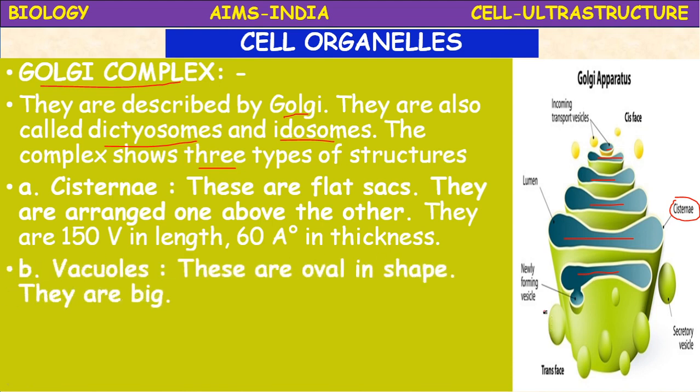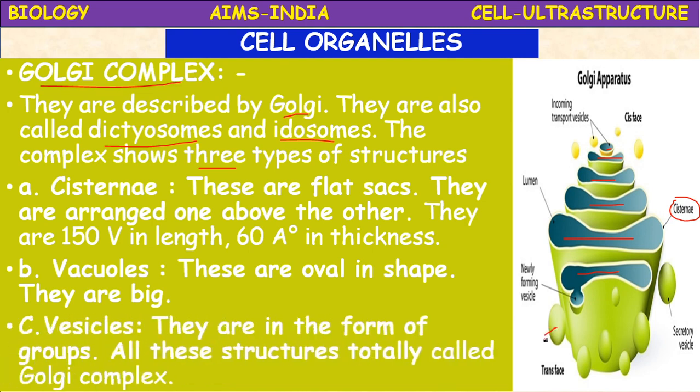Next structure, vacuoles. These are the secretory vesicles or vacuoles. They are oval in shape and big in size. And vesicles: these are the vesicles, small, in the form of groups.